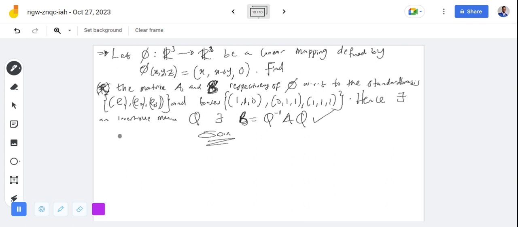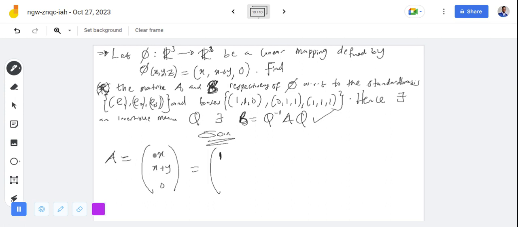Now let's check. Normally, as usual, we need to find matrix A. I want to use the shortcut this time around. I'll just write out this projection here, in column vector form, which is x plus y and 0. So my matrix A for this first row: I can see x is 1, the coefficient is 1, but there is no y because the projection is from xyz to this.